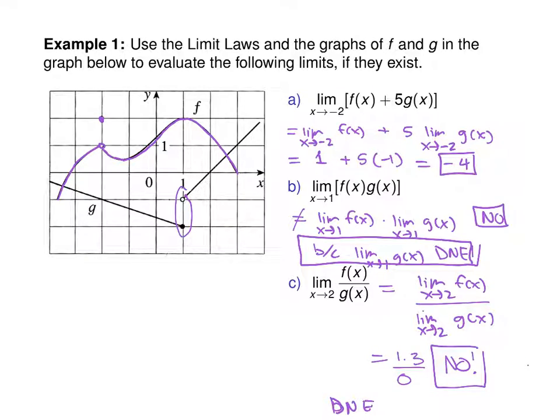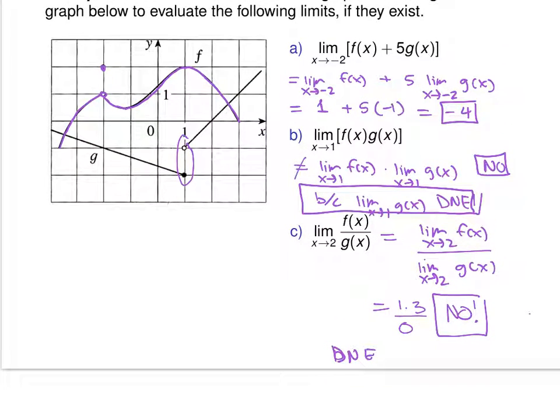I would like a little reason, like on your quiz, as the limit as x goes to 2 of g of x equals 0. I don't need a complete sentence, I just need some way that you told me this is the problem. That's not super hard, right? Okay.